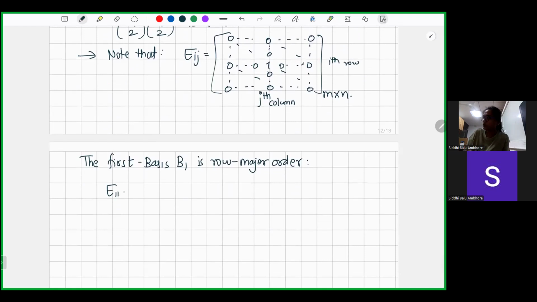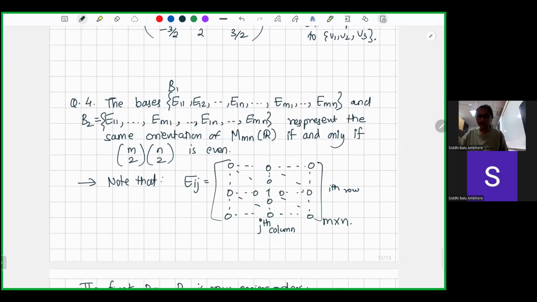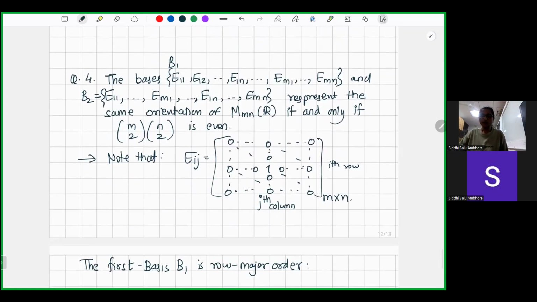So it is E11, E1n. So what it does is it takes care of all the first row. E11 means the basis corresponding to the first entry, E12 means the basis corresponding to the second entry, and so on. So E1n means the basis corresponding to the last entry of the first row.